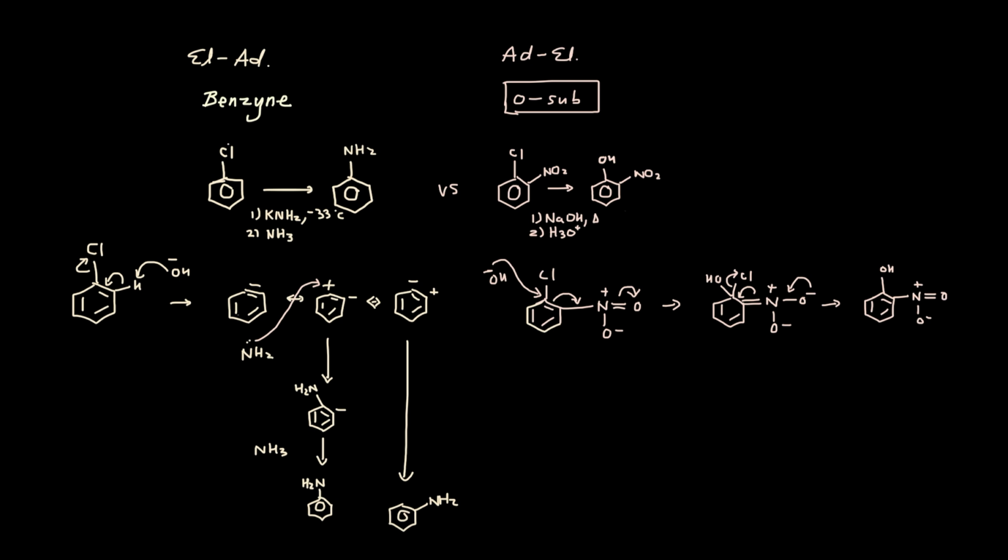So anytime you go from halide to aniline or phenol, you might think about elimination-addition or addition-elimination. And make sure to recognize that if it's an ortho substituted aromatic halide, then you use addition-elimination. And make sure to memorize these conditions as well. If you forget the second protonating step, that will not be very good.